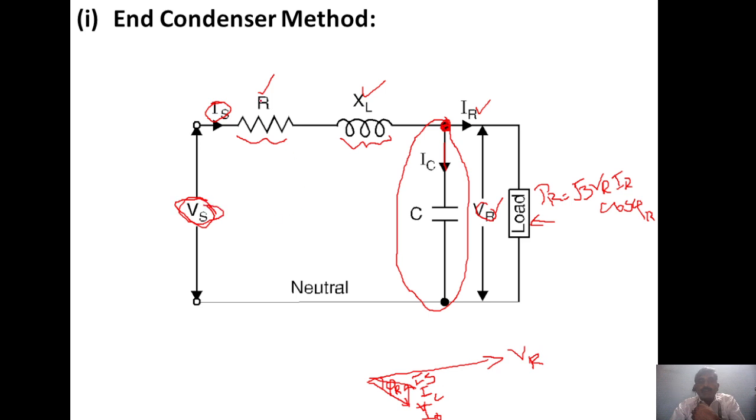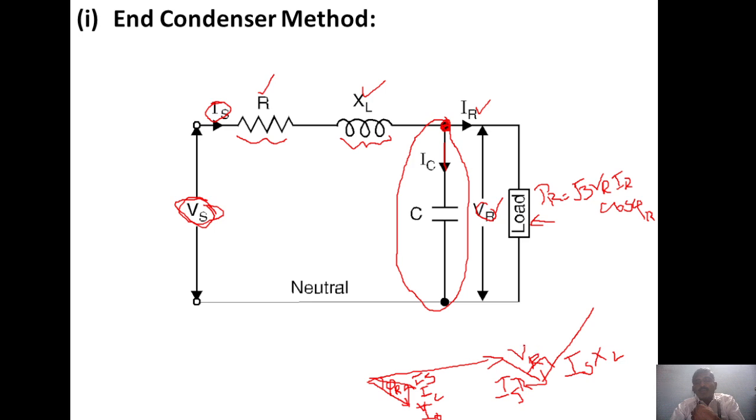The drop Is into R will be in phase with the current Is, because in the resistance property both voltage and current are in phase. Next, the inductive property is 90 degrees out of phase. So from that Is R drop, take 90 degrees and draw Is into XL.